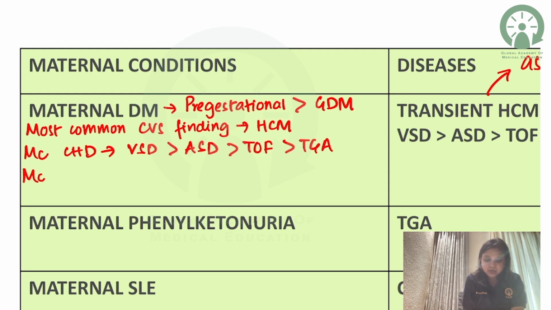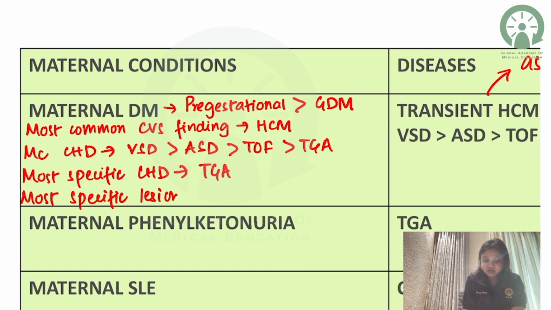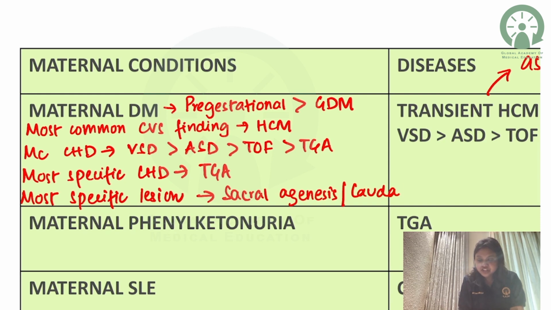If asked for the most specific congenital heart disease, the answer will be again TGA. And the most specific lesion in diabetes mellitus overall is sacral agenesis or caudal regression syndrome.